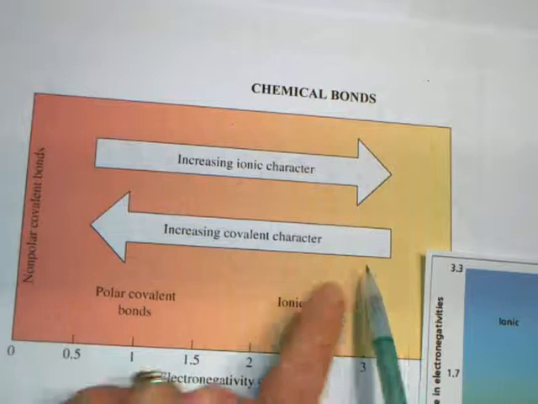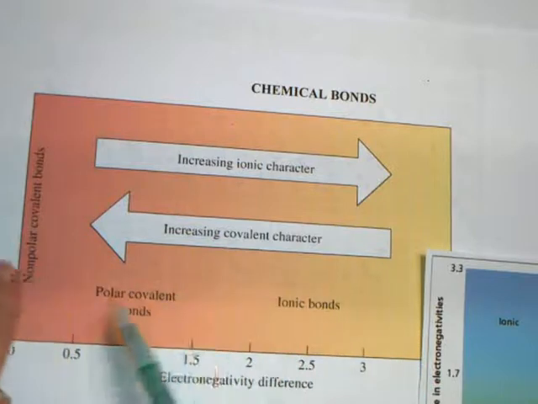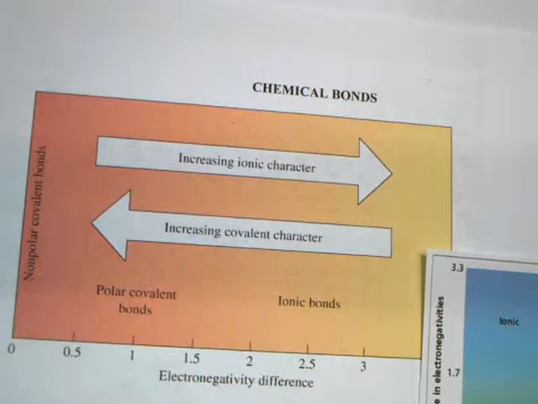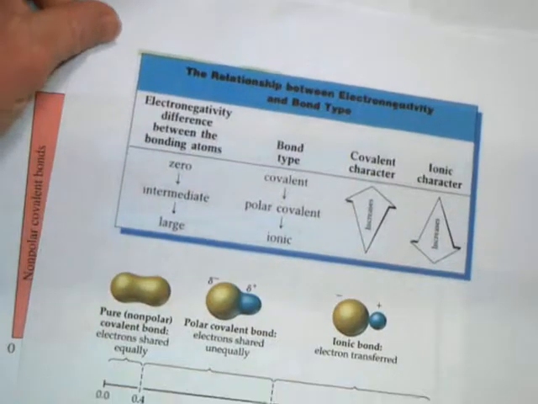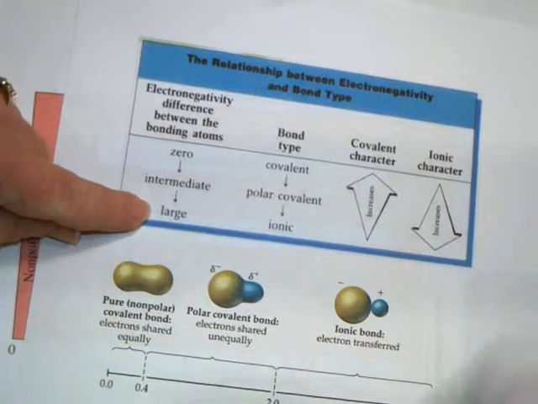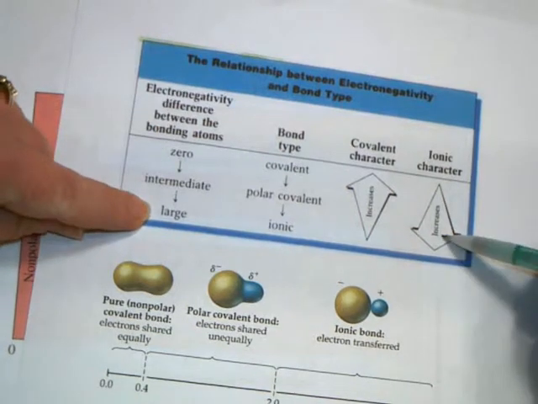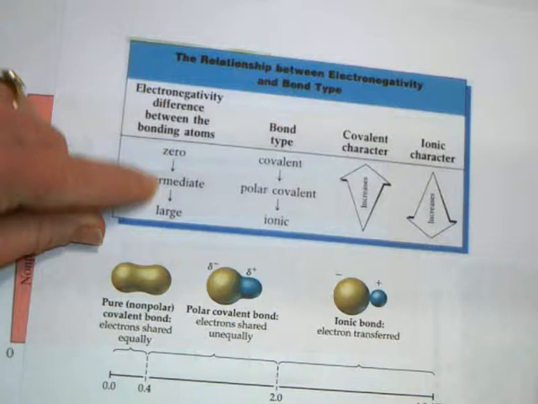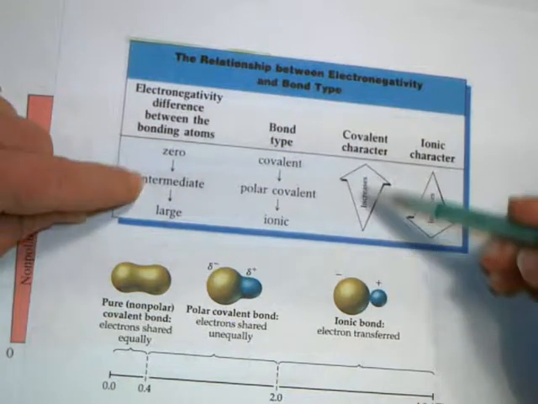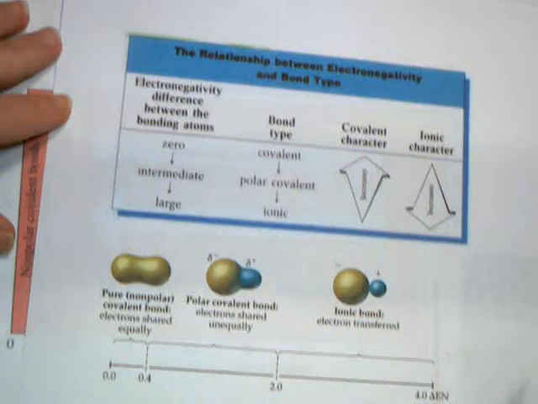Where when our electronegativity difference creeps closer to 0, we increase the covalent character. I think this is another good graphic. As the electronegativity difference increases, so does the ionic character. As the electronegativity difference decreases, we increase the covalent character.